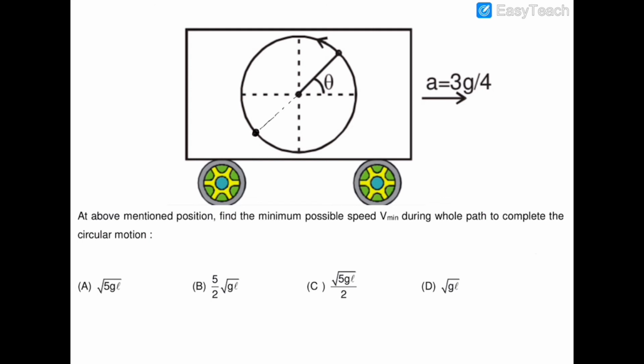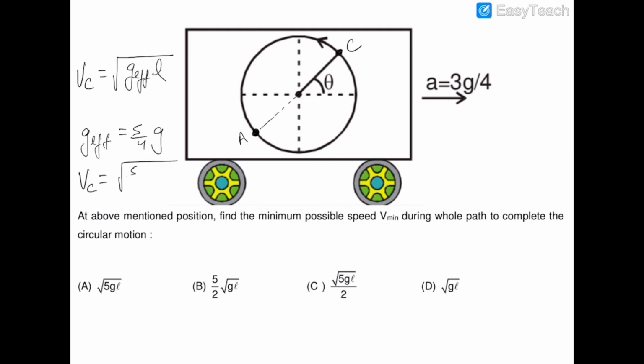The equilibrium position is this one, this is A, and the minimum possible speed will be at this one, point C. So VC, we all know, is under root of g effective into L, and g effective, as we have already calculated, is 5 by 4 g. So VC will be equal to root of 5 by 4 gL. So C will be the correct answer.